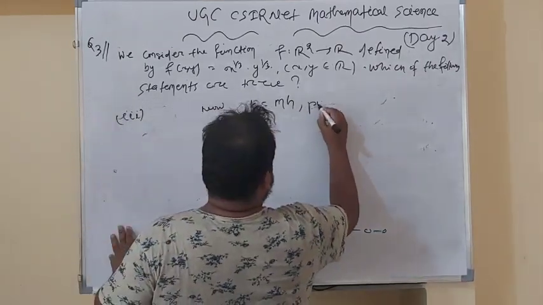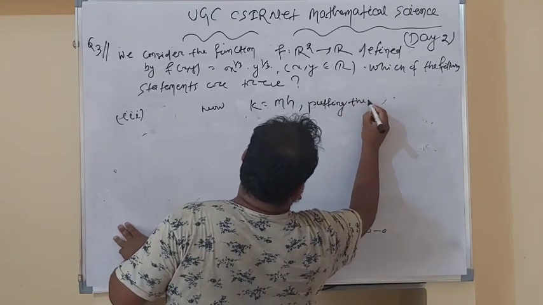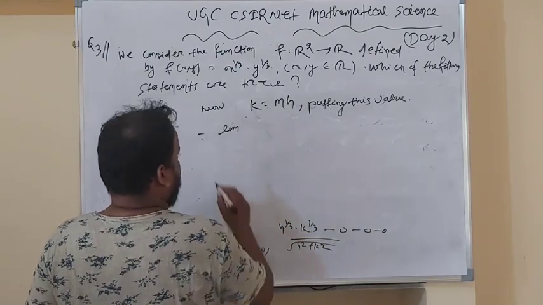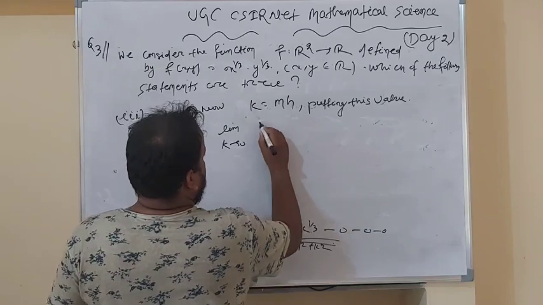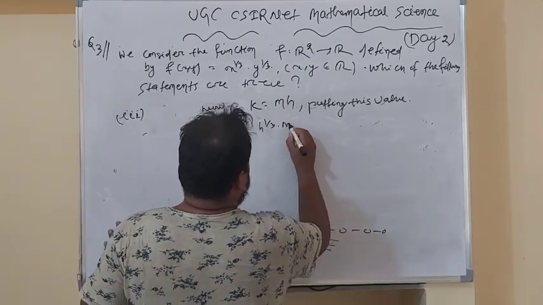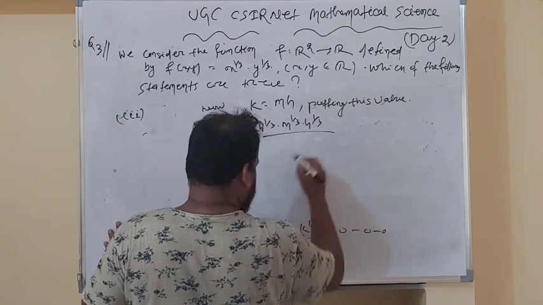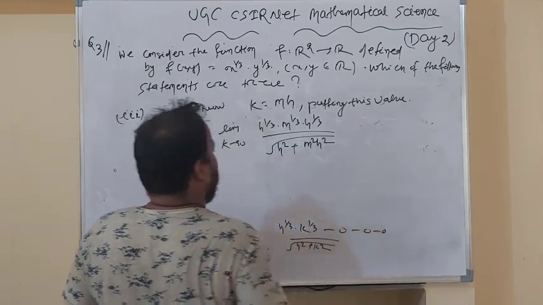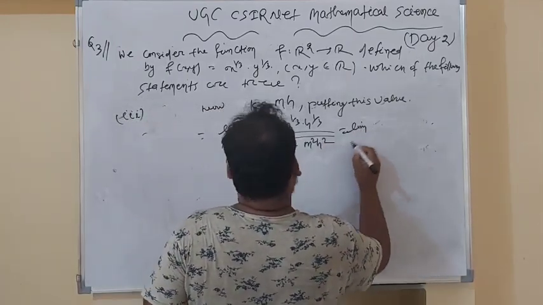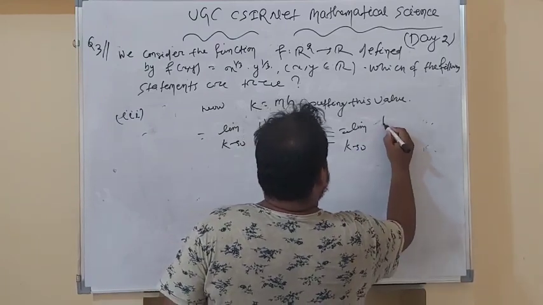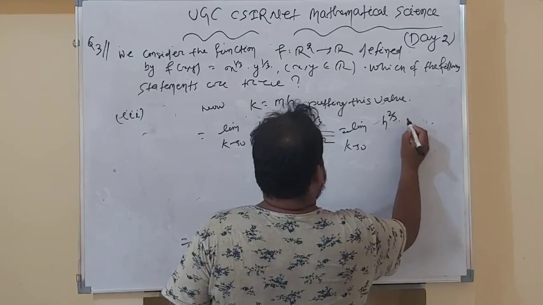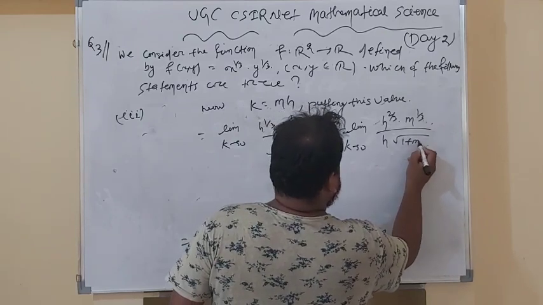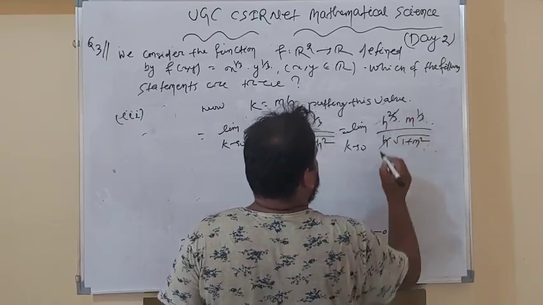Putting this value into the result, the limit as h tends to 0 of h to the 1/3 times m to the 1/3 times h to the 1/3, over h times the square root of 1 plus m squared. H cancels out, leaving h to the power 2/3 minus 1.